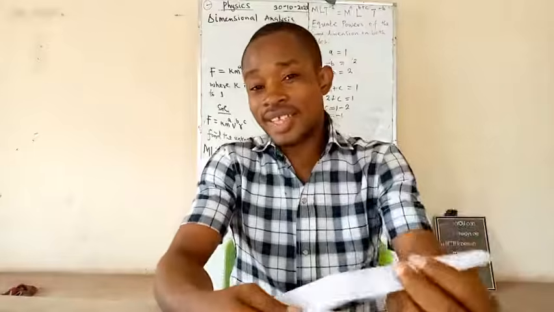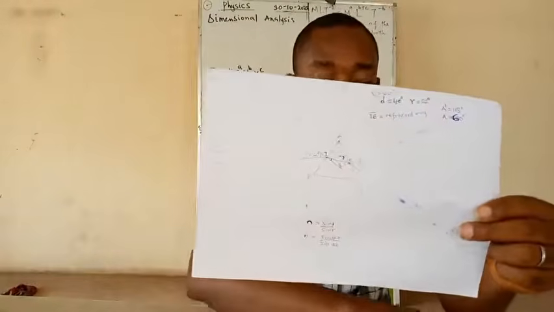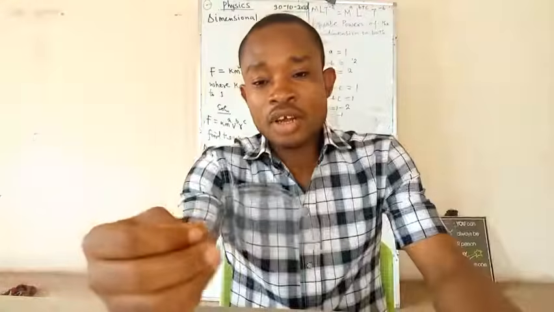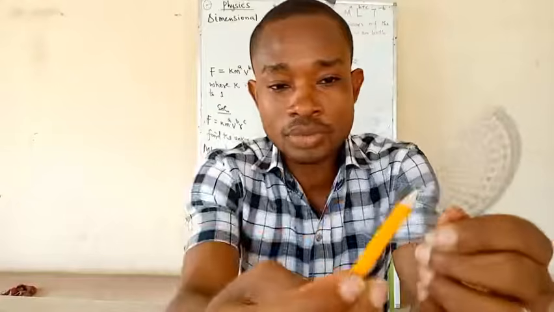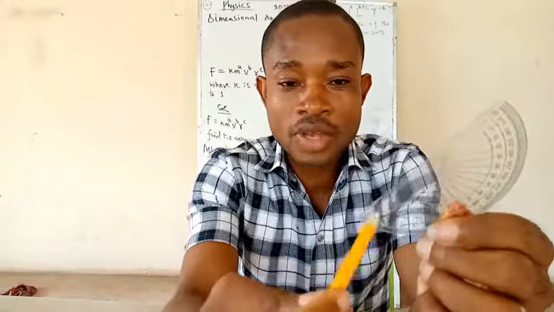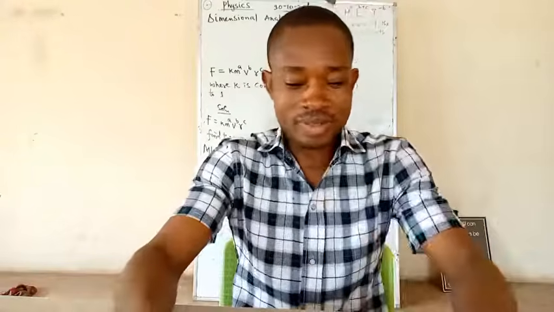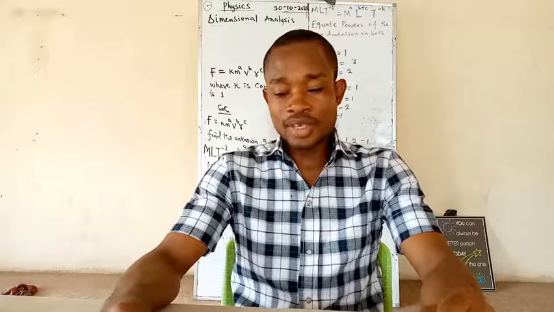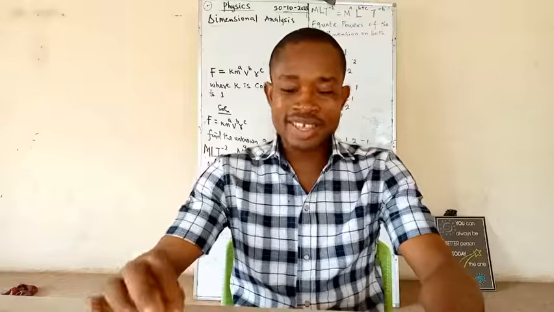Don't forget especially how to place your protractor when you are measuring your angle. You are interested in the placement of the middle point of your protractor and of course how to place your horizontal. Very important.